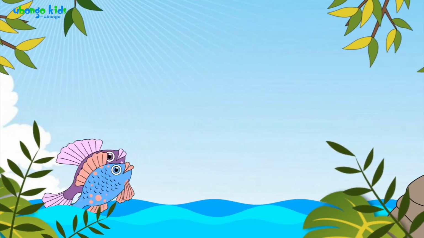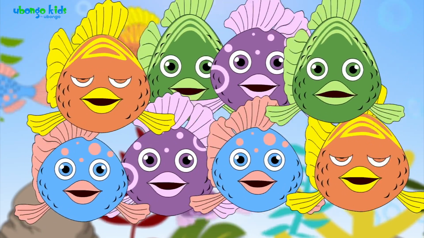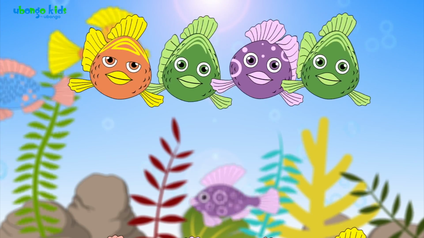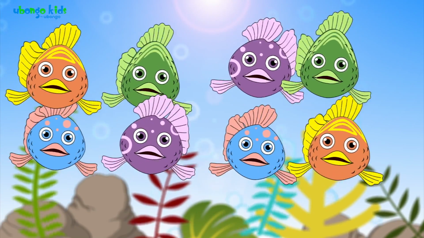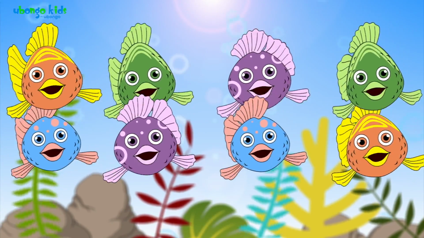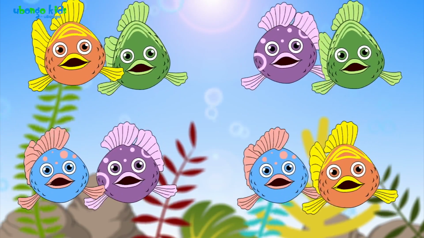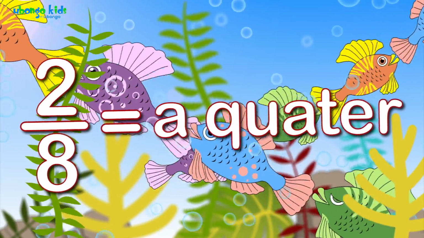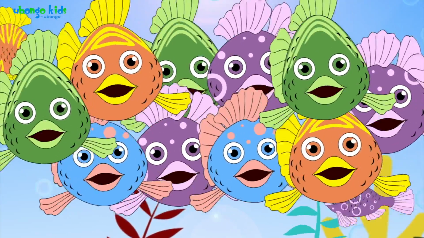In the water we play, we dance and sing all day. We divide ourselves up in 4 equal groups. Each one is a quarter. 1, 2, 3, 4, 5, 6, 7, 8. 2, 2, 2, 2. We divide ourselves up in 4 equal groups. Each one is a quarter. We divide ourselves up in 4 equal groups. Each one is a quarter. 2 out of 8 is the same thing as 1 quarter. 2 out of 8 is the same thing as 1 quarter. We divide ourselves up in 3 equal groups.